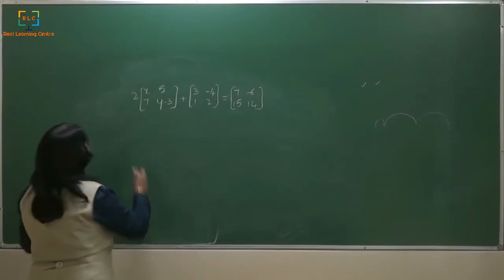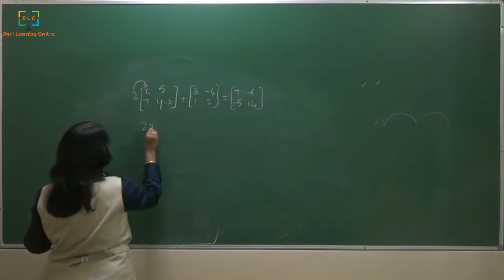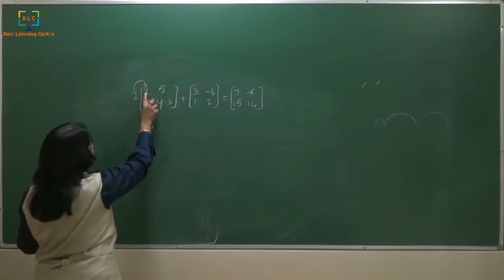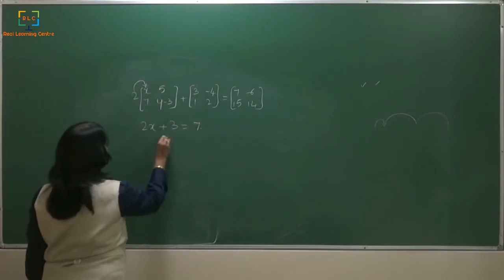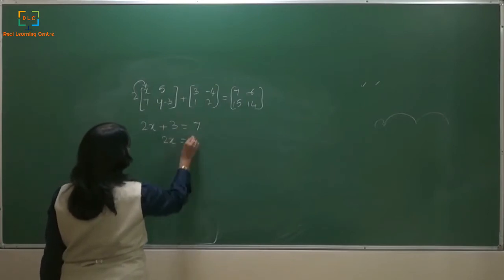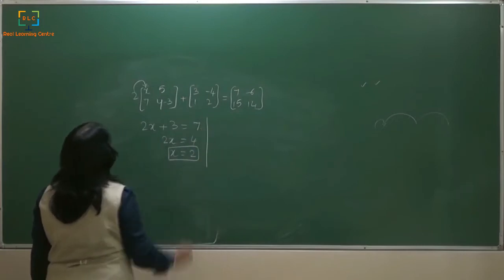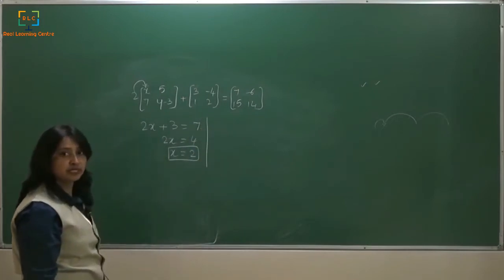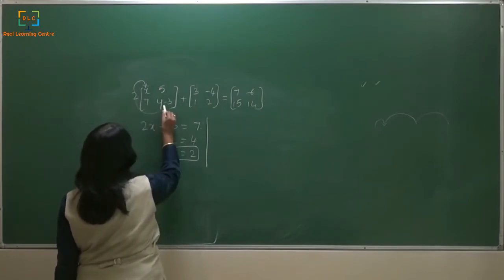So we have 2x, I told you we'll take only the corresponding addition to do it very quickly. 2x plus 3 is equal to 7. So 2x is equal to 7 minus 3, which is 4, so x is equal to 2. Now I want y. Take the corresponding elements. You have 2 into y minus 3, you should never forget.